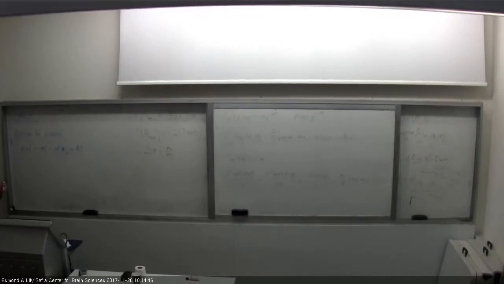Now we want to find the maximum likelihood for these observations. So in this case, theta is both the mean and the variance. It's a function of two variables.